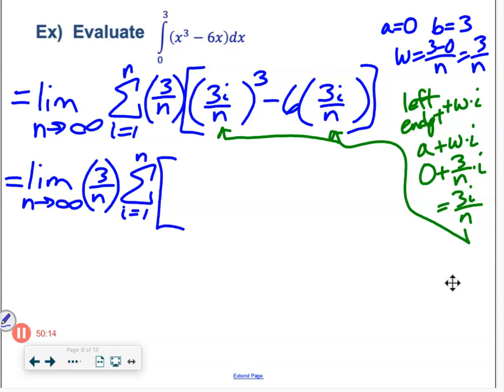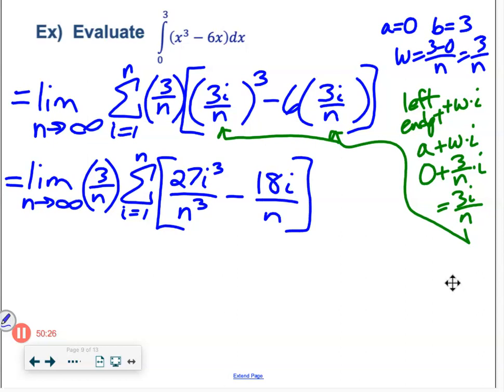So I'm going to go ahead and clean up the guts. So I have 27i cubed over n cubed minus 18i over n. So my second step, I always do two things. I move the width in front of the sum, and I start cleaning up the, I don't know what this is called. I know it's the integrand when it's there.